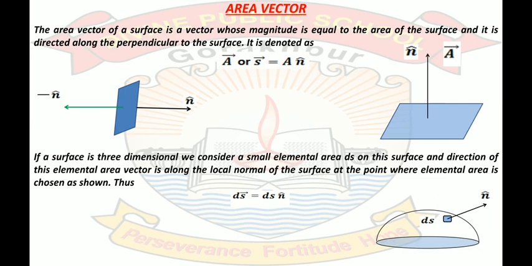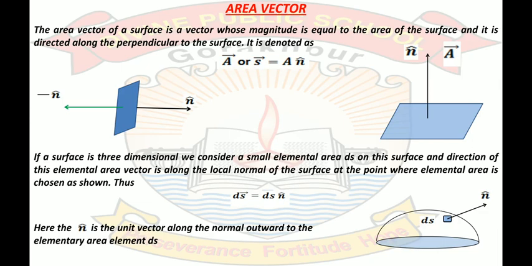It is denoted by ds vector equal to ds into n cap. ds is the magnitude of the elementary area, and n cap is the unit direction of that elementary area. Here n cap is the unit vector along the outward normal to the elementary area element ds.